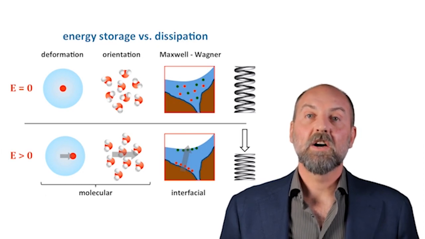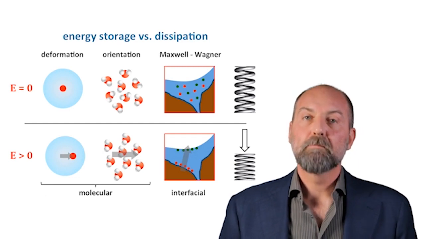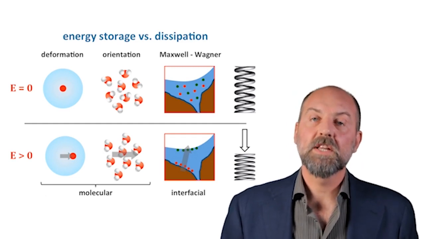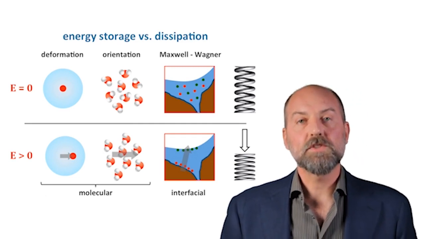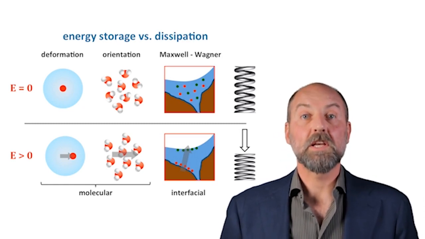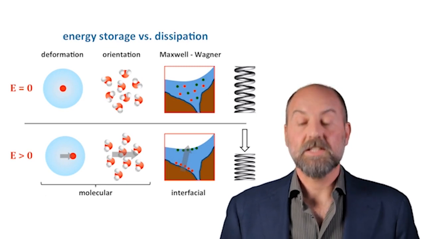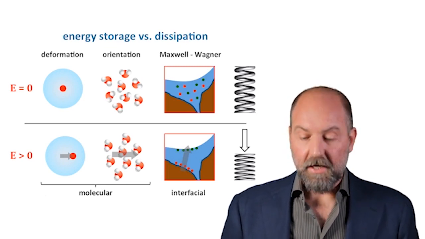Yet they display both. They can polarize, but also somewhat conduct current. And soil is one of them. It displays a strong dielectric behavior, and yet it can sometimes be a good conductor as well.